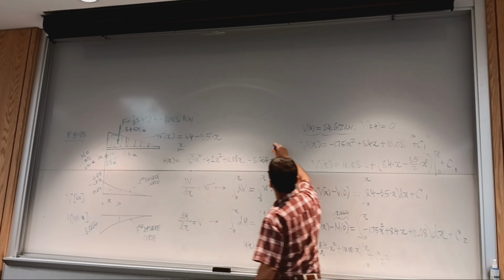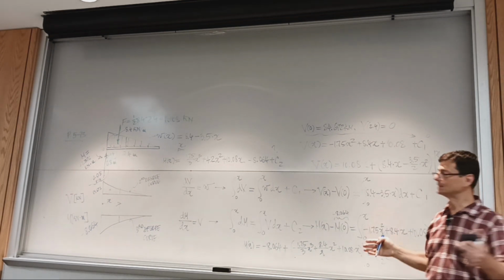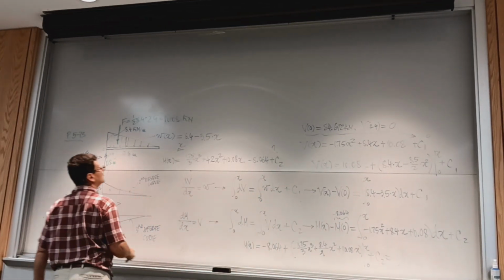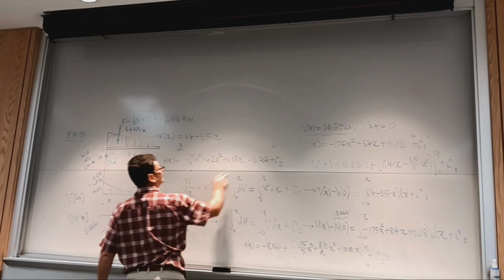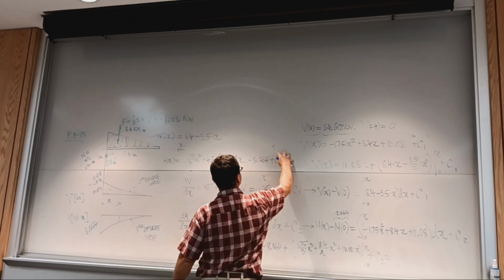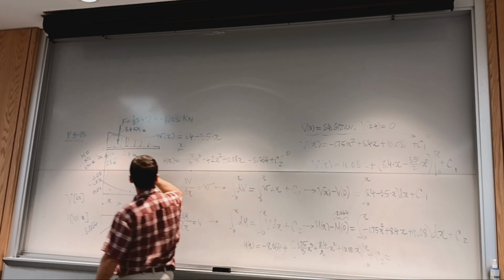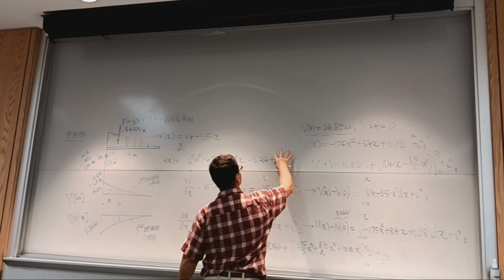How do I get C2? From the limit conditions. The moment at x0 has to be the what? This one. So if I make x0, I get this. It means that C2 has to be 0. If I make x equals 2.4, this whole thing has to go to 0.